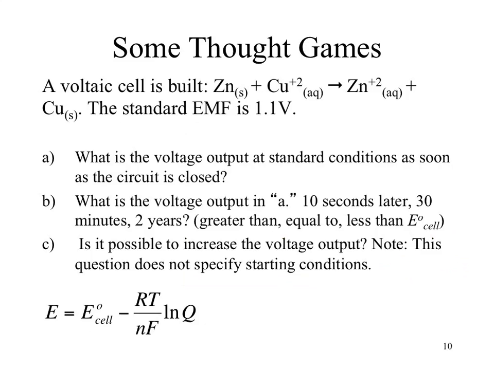The other way, go back to your lecture notes and calculate it. Use the reduction potentials for zinc ion to zinc and copper ion to copper metal, and you should still get that 1.1 volts. If we are at standard conditions, what is the potential that we see?